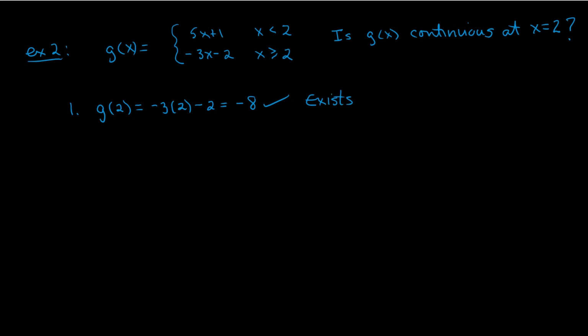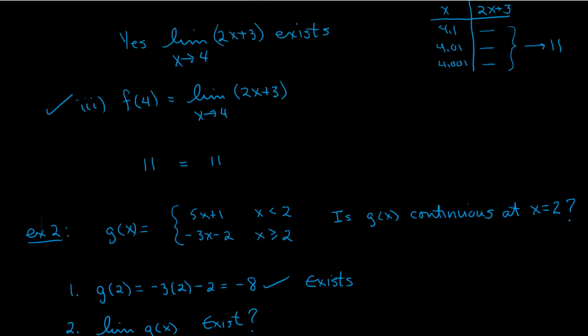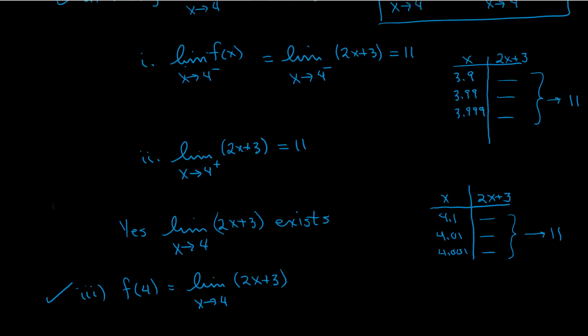Okay. The second thing that we need to do is we need to determine, does the limit of g of x as x approaches 2 exist? Well, to do that, recall, as we did in the prior problem, there are two parts to this.